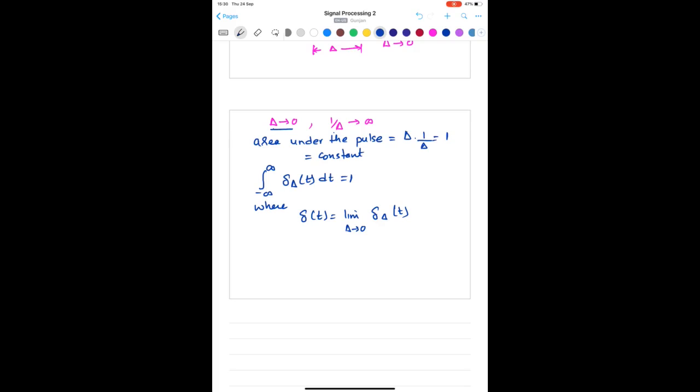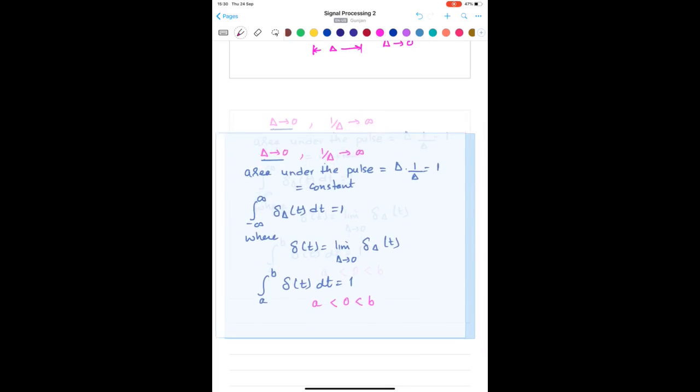Now there is another condition which we need to remember. Here we are using minus infinity to infinity, but if we are using two numbers a and b, what should be the restriction on a and b? The restriction is that 0 lies between these two numbers.